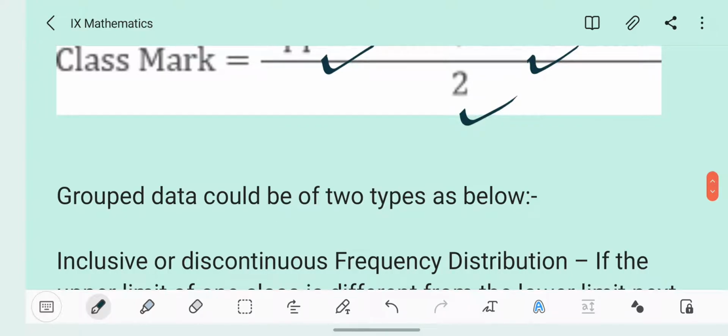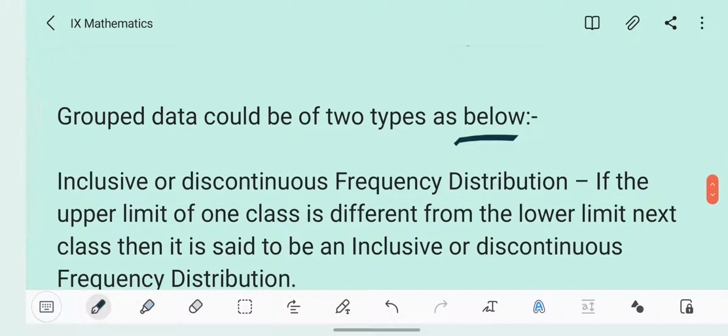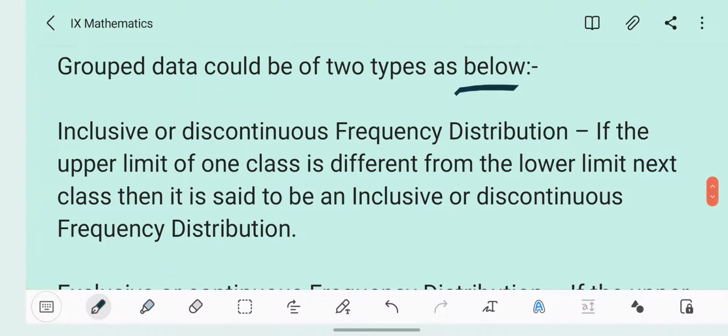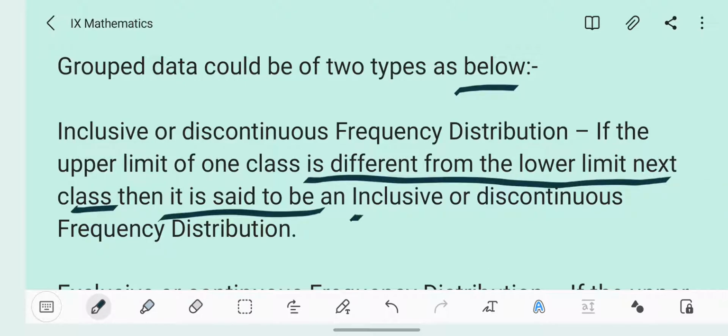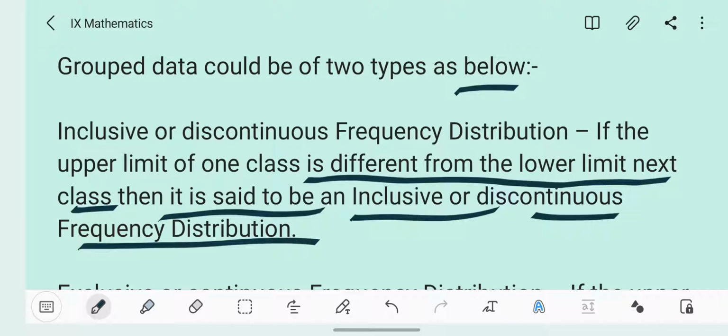Grouped data could be of two types as below. The first one is called inclusive, or in other words, discontinuous frequency distribution. Inclusive means the upper limit in the class interval is included. If the upper limit of one class is different from the lower limit of the next class, then it is said to be inclusive or discontinuous frequency distribution.